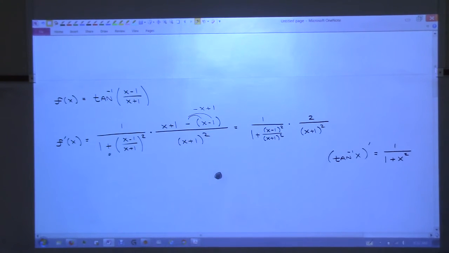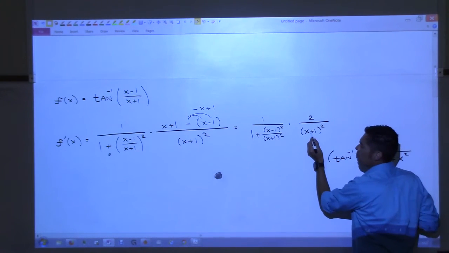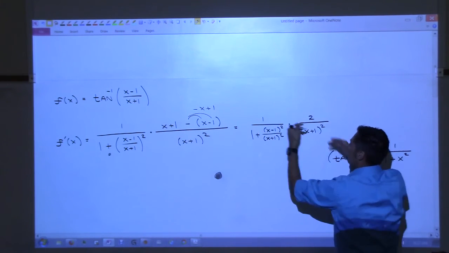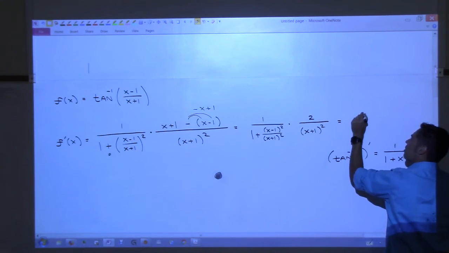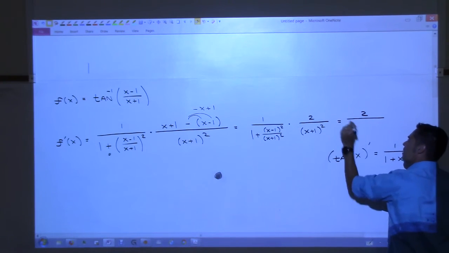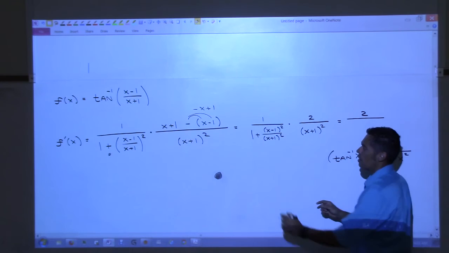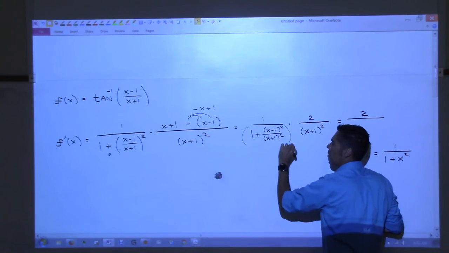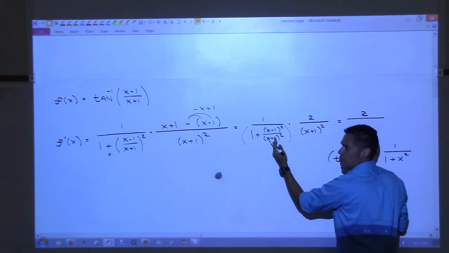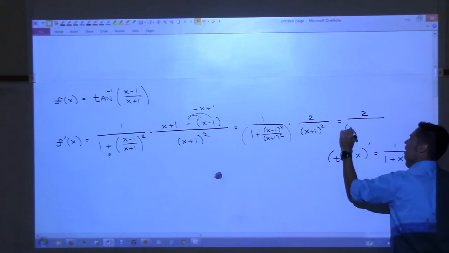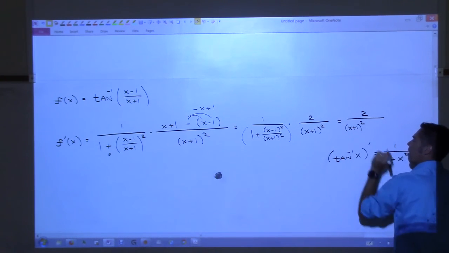All right, this looks pretty bad, doesn't it? But check this out. This right here is multiplying times this, right? So multiplying two fractions, you go straight across. So how about on the top, I just get 2. And on the bottom, when I multiply this times the bottom here, there are 2 terms down here, aren't there? 1 plus this. So this will go to the 1 first and become x plus 1 squared.